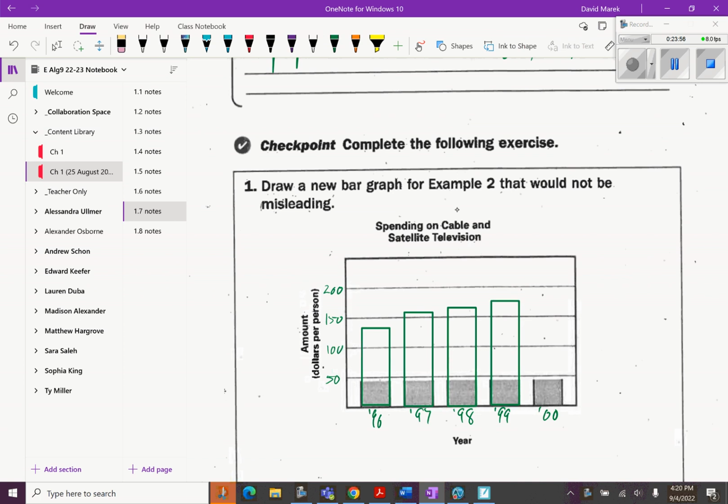Now again, here's 200, so 175 is halfway between 150 and 200. So I want to go a little bit past halfway, 175 up to about 180.